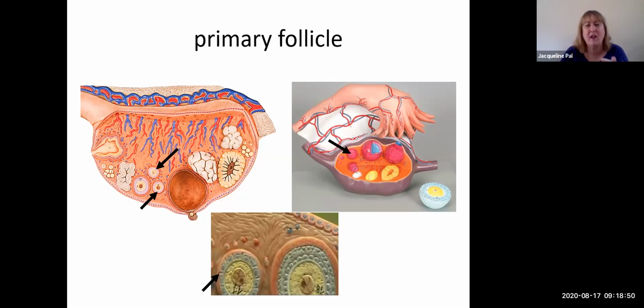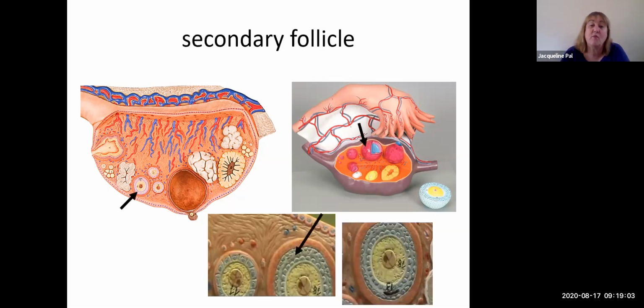The primary follicle is going to start secreting hormones and tiny bits of fluid, and the hormones are going to stimulate it to develop even more. Once we have 2 or more layers of cells surrounding the oocyte, we call it a secondary follicle.